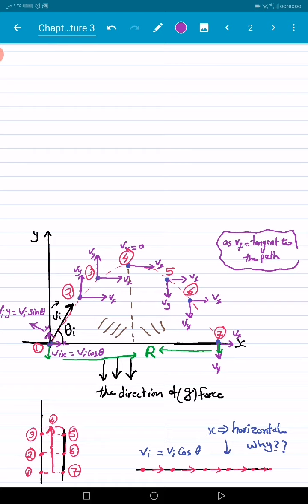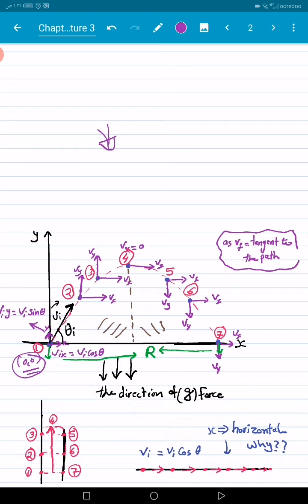And we discussed the first part, when I fire from 0, 0, that means I start firing or launching from y equal to 0, from the origin point.